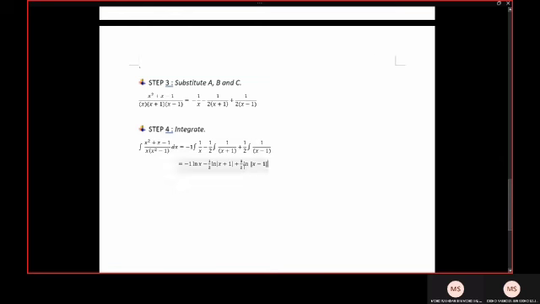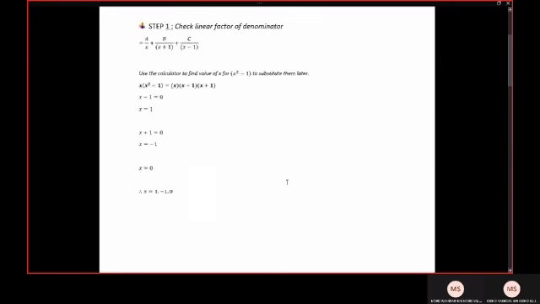And then lastly, we can convert them into ln. We get the answer, which is -1 ln|x| minus 1/2 ln|x plus 1| plus 1/2 ln|x minus 1|. So that is how I solve this question.